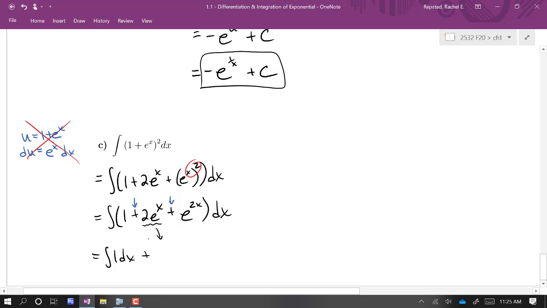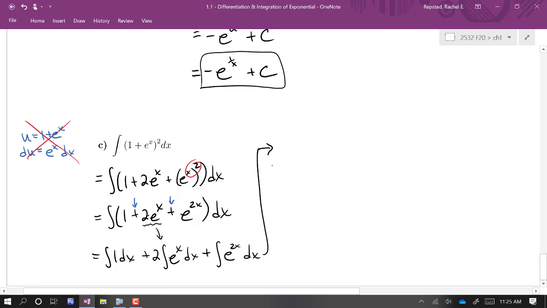I could write that as the integral of 2 e to the x, but you can also pull out constant factors. So I'm going to write this as 2 times the integral of e to the x dx, and then plus the integral of e to the 2x dx. And what is helpful about splitting up this integral is now I get to consider these separately.